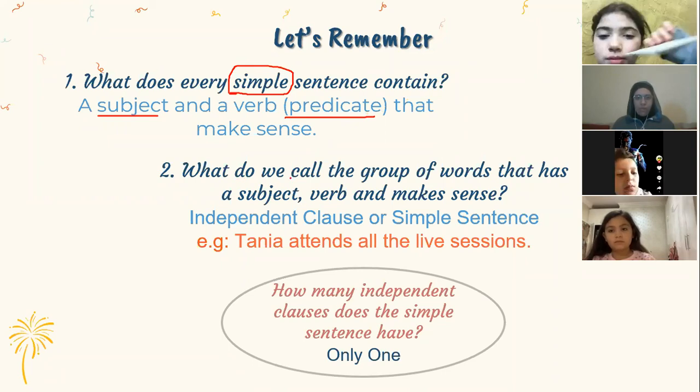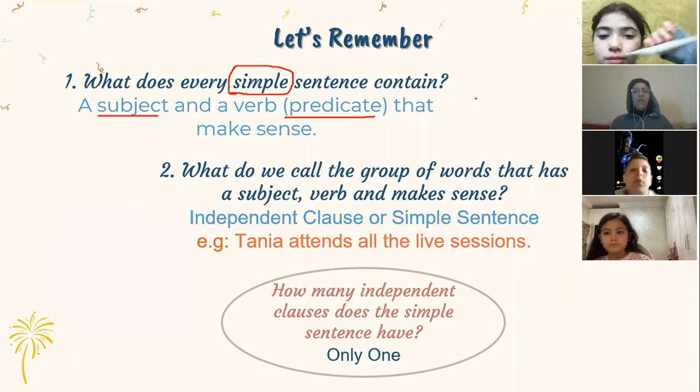Again, I repeat, the necessary components to have a complete sentence are a complete subject, a complete predicate, and a complete idea. Repeat after me: complete subject, complete predicate, and complete idea. So to have a complete sentence, we must have a complete subject, complete predicate, and complete idea.